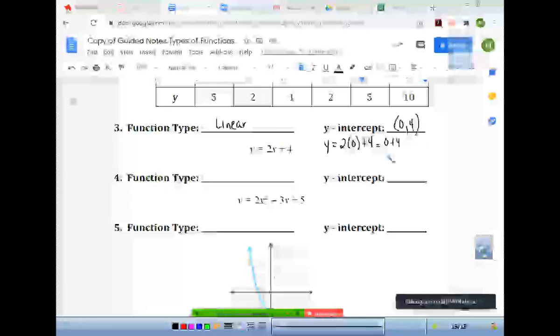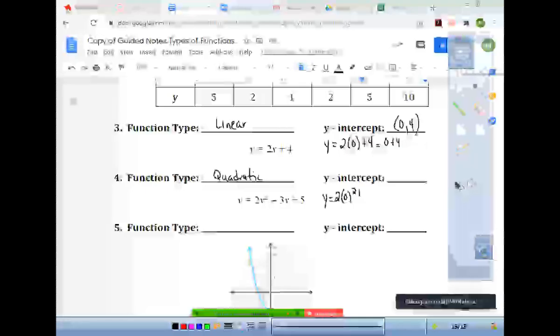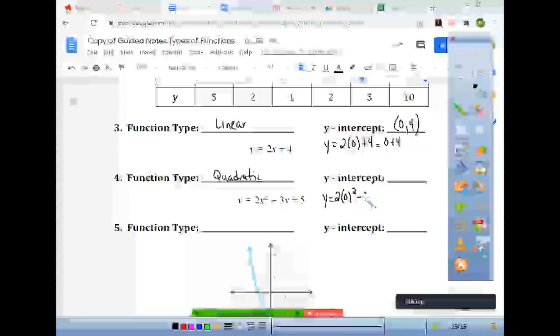Hey, what about number 4? Quadratic. How do you know, Jordan? Right, it's got the exponent of 2. That makes it quadratic. And we can do the same thing, plug in our 0 for our x. Minus 3 times 0 plus 5.